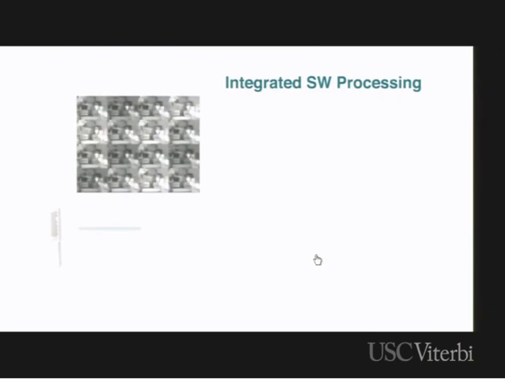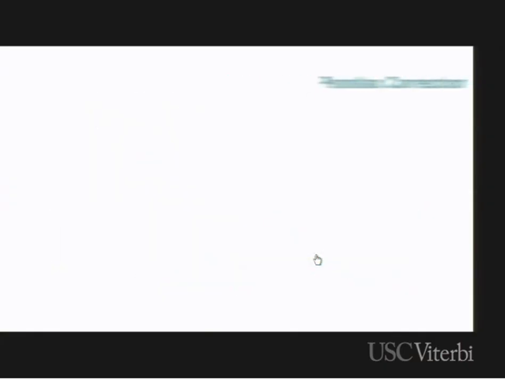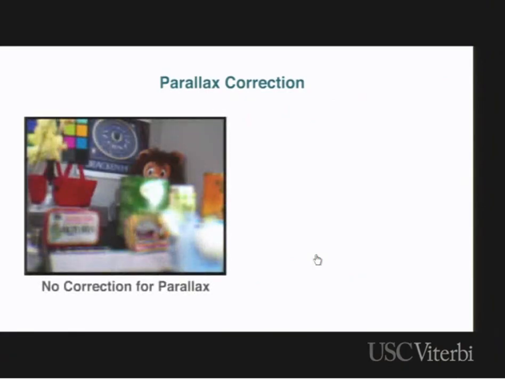The raw data from our camera is read out over an industry-standard serial MIPI interface and is processed through a software pipeline to synthesize a high-resolution color image. In addition to the color image, we also generate a high-resolution range image or depth map. In order to form a final high-resolution image, we must correct for the differences in parallax among all the cameras.